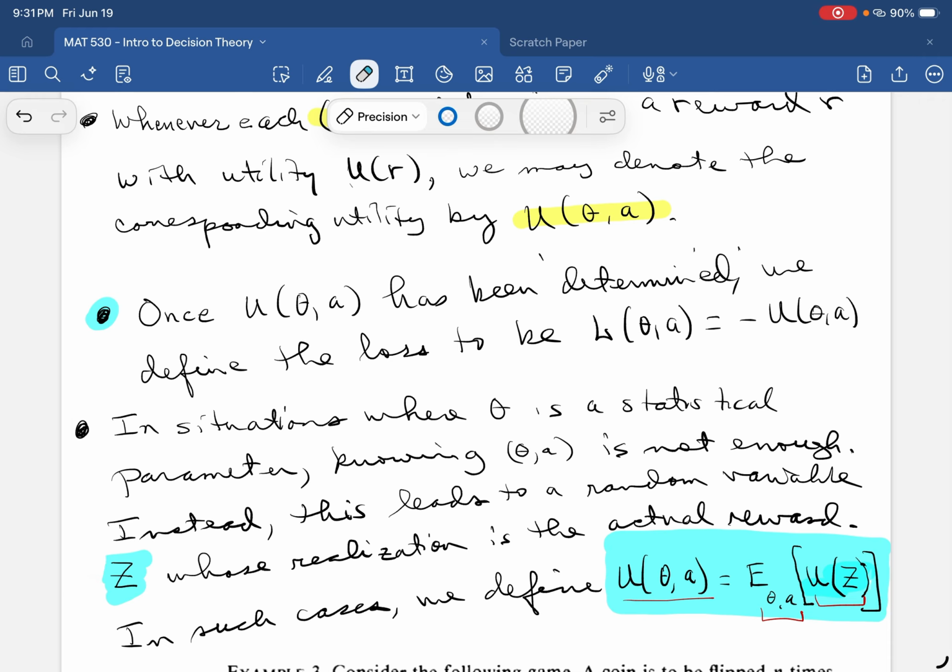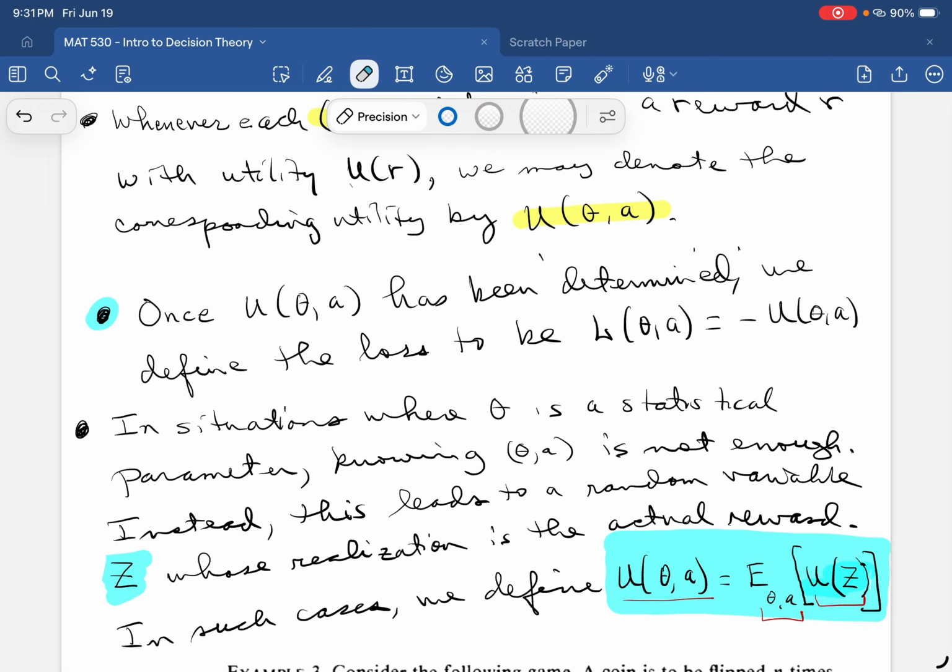And then the realization of that random variable is the reward. And in such cases, we define the utility to be the expected value of u of z, which is, again, random, given theta comma a.